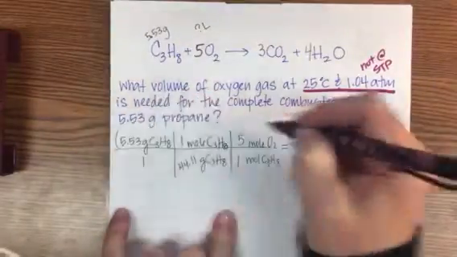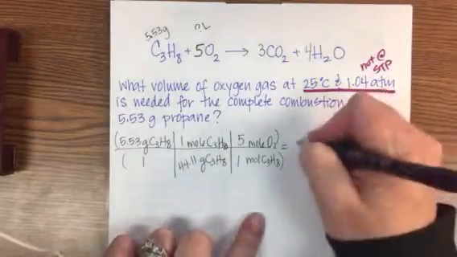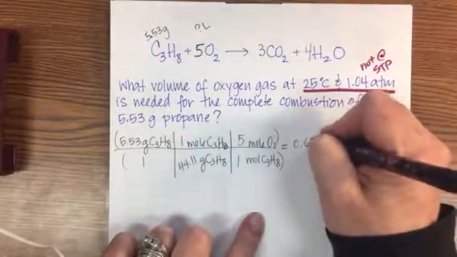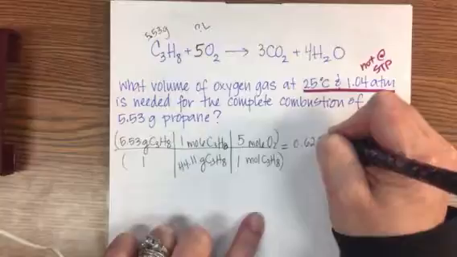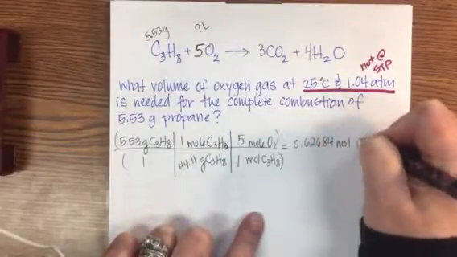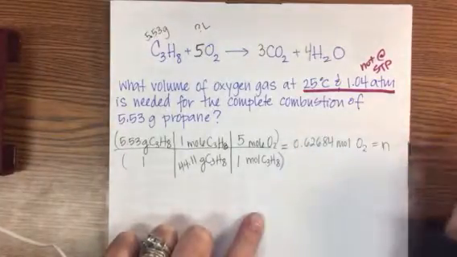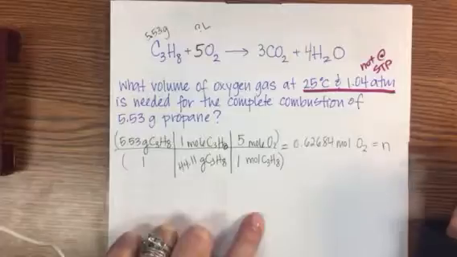So I'm going to multiply everything on the top divided by everything on the bottom, and I end up with 0.62684 yada yada yada moles of oxygen. Well, this equals our n, and we're about to put it into our ideal gas law.